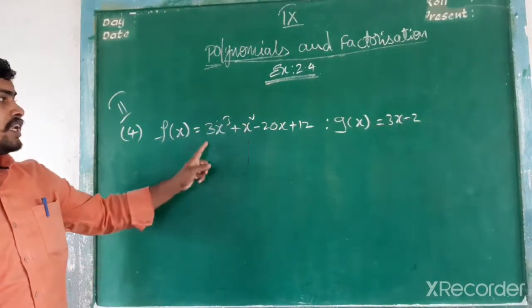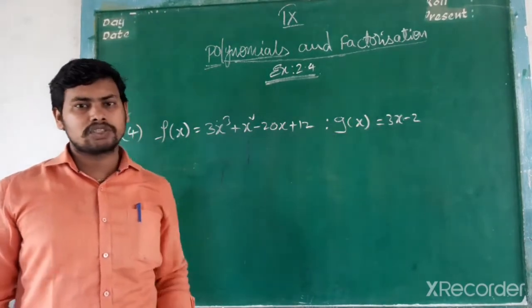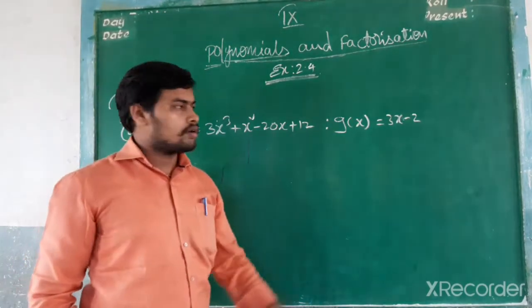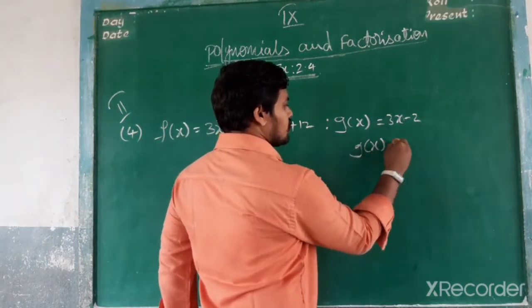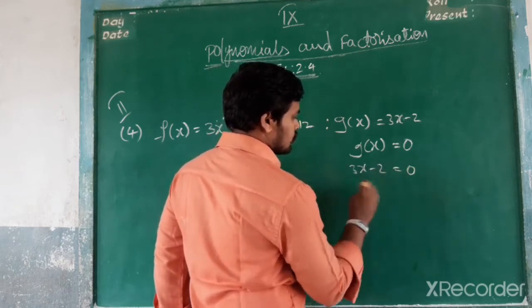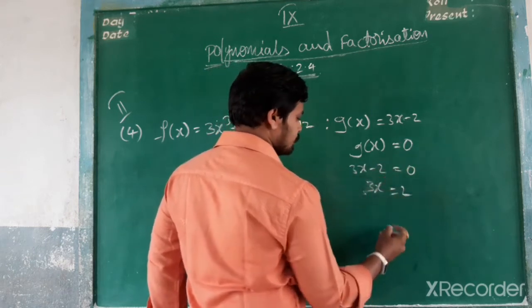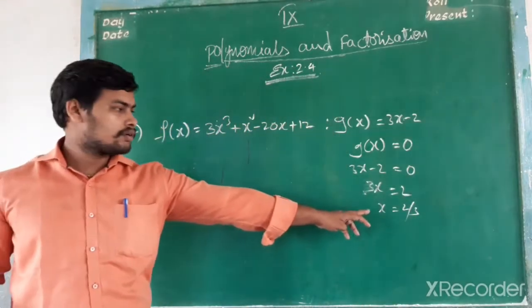So first, let g of x equal to 0. 3x minus 2 equal to 0, 3x equal to 2, x equal to 2 by 3. The x value is nothing but 2 by 3.